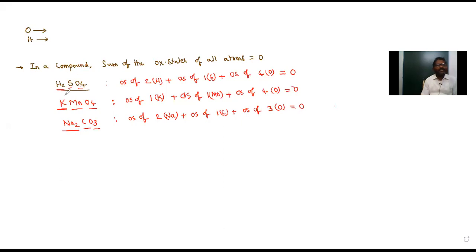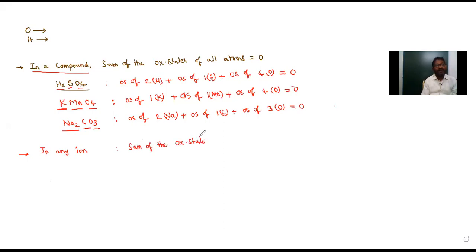Understand? This is for a compound. ఒక compound లో sum of the oxidation states of all atoms is equal to 0. If you take an ion, in any ion, ion means carrying some charge. What about the sum of the oxidation states?